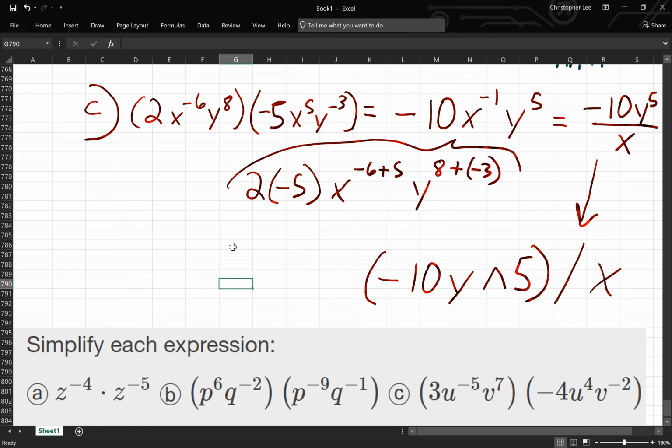The negative 10 y to the fifth over x. That one. Negative power. Think of it as one over positive m divided by n squared, and then keep, change, flip.